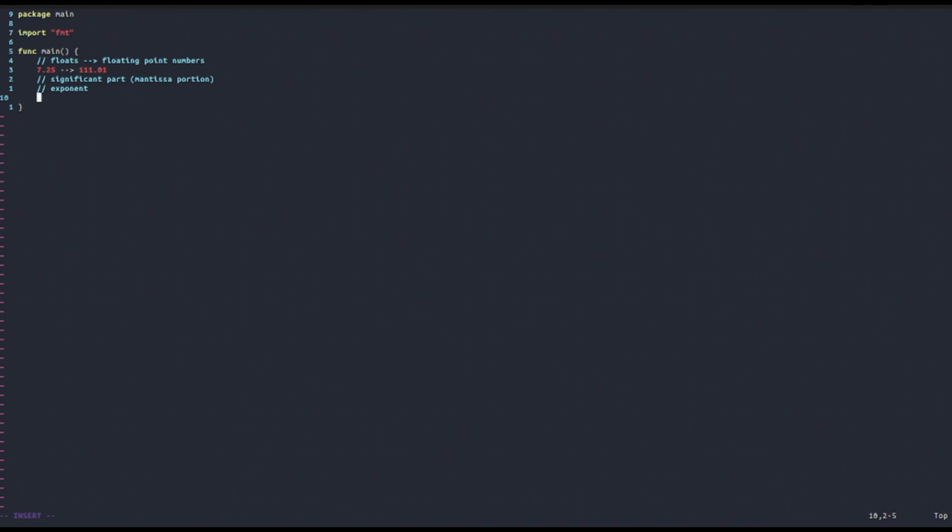The definition of significant part and exponent will become clear once we know in which form the computer transforms this decimal number in binary. In particular, it will transform our converted number, which is 111.01, into the following form. It will basically be 1 point some digits here times 2 to some number.